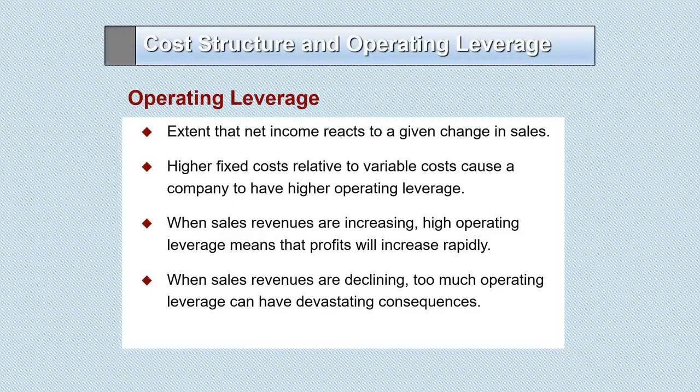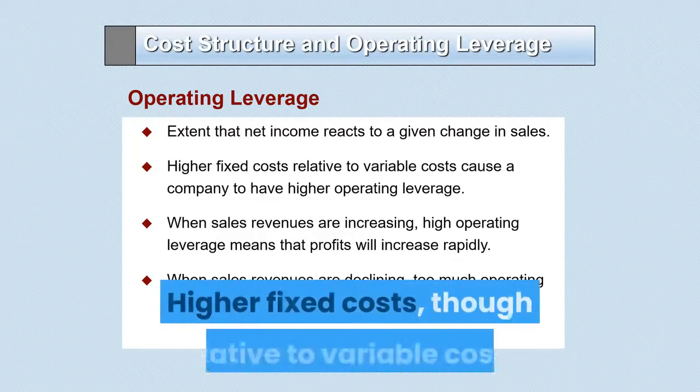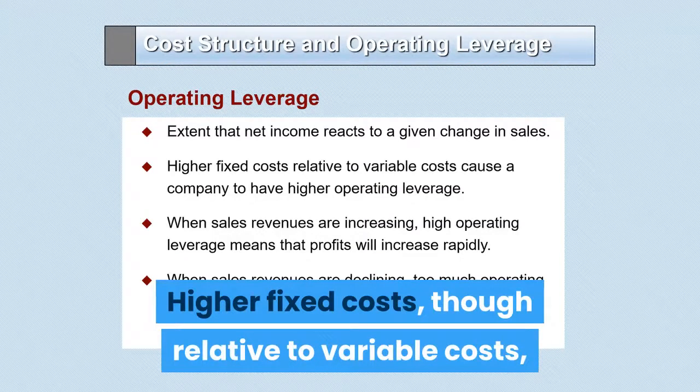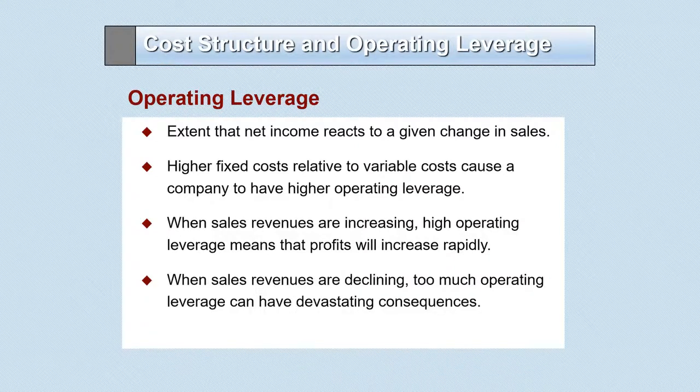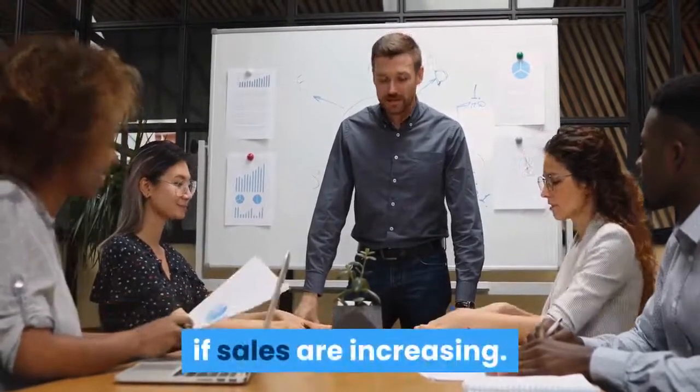Operating leverage, then, is the extent that net income reacts to given changes in sales. If I increase sales now, you see the contribution margin for NewWave, if I increase 10%, contribution margin for NewWave would go up 10%, which is a lot higher than it was for Vargo. Higher fixed costs, though, relative to variable costs, causes a company to have higher operating leverage.